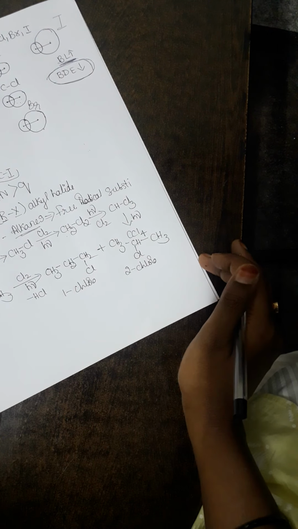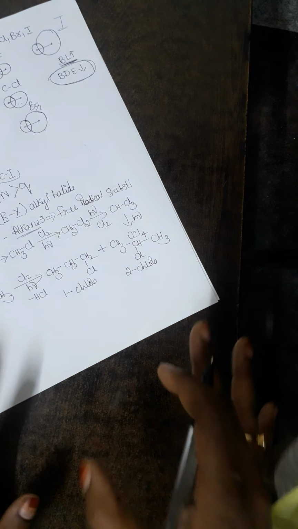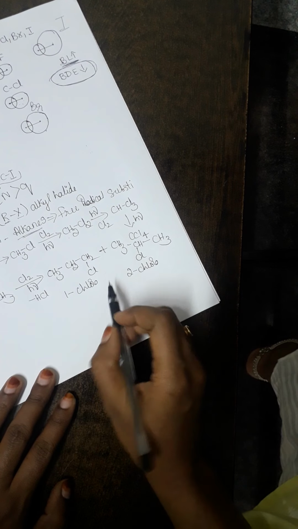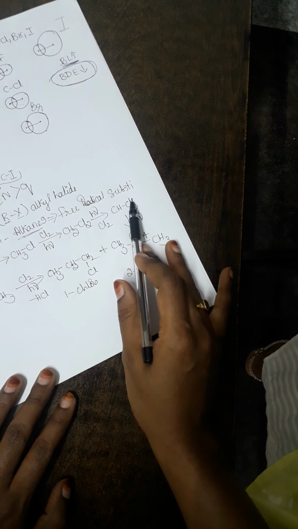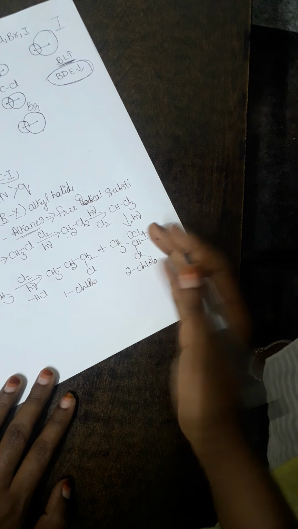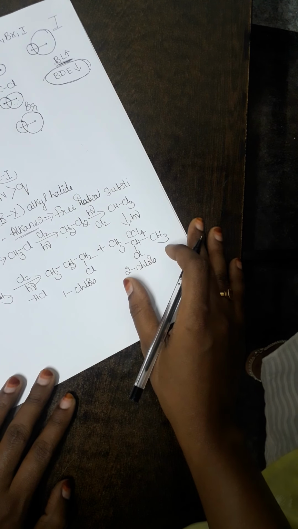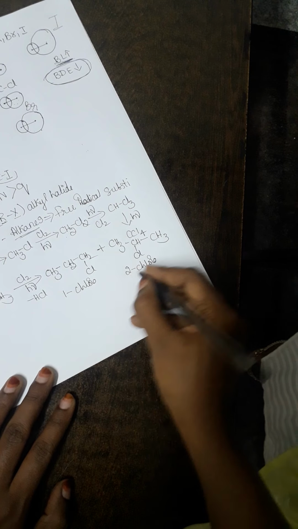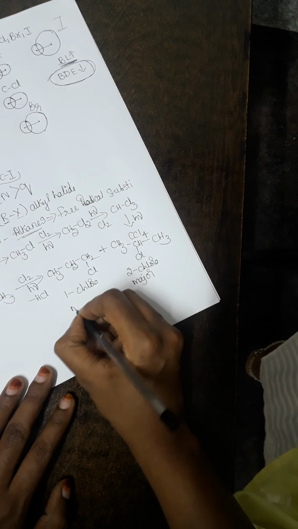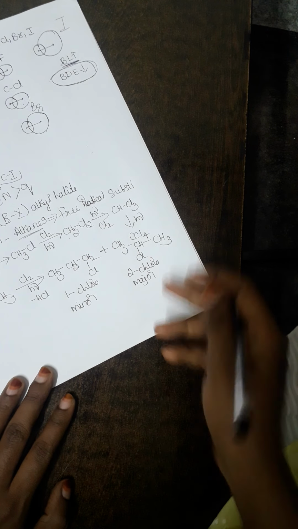Now how to decide which one is the major product? Very simple concept. You have studied in first year that whenever we have a free radical substitution, we end up with a primary free radical, secondary free radical, or tertiary free radical. Here 2-chloropropane is the major product compared to 1-chloropropane. Why?